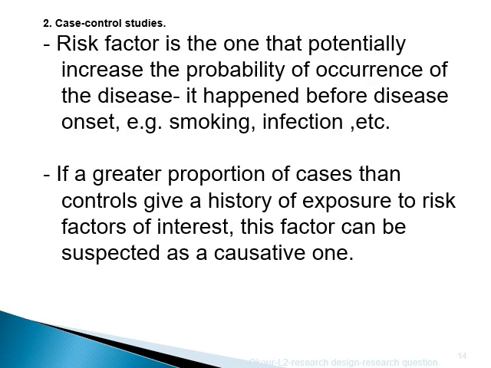So a risk factor is one that potentially increased the probability of occurrence of the disease. It happened before the disease onset or occurrence. For example, smoking, infection. If a greater proportion of cases than controls give a history of exposure to the risk factor of interest, this factor can be suspected as a causative one.